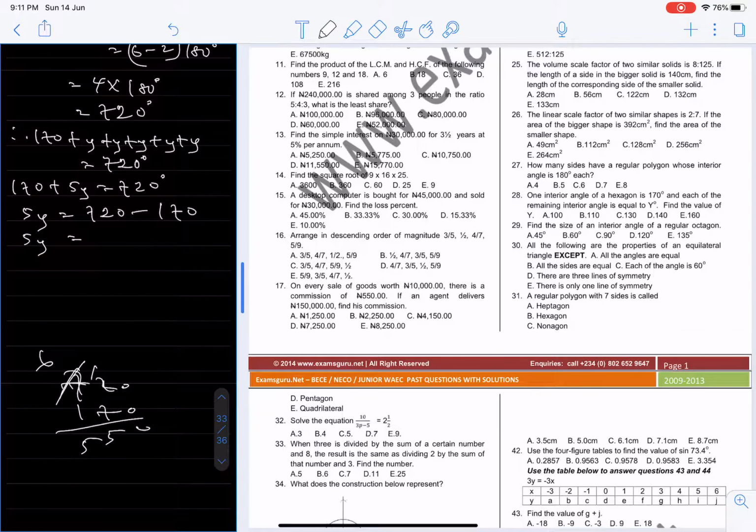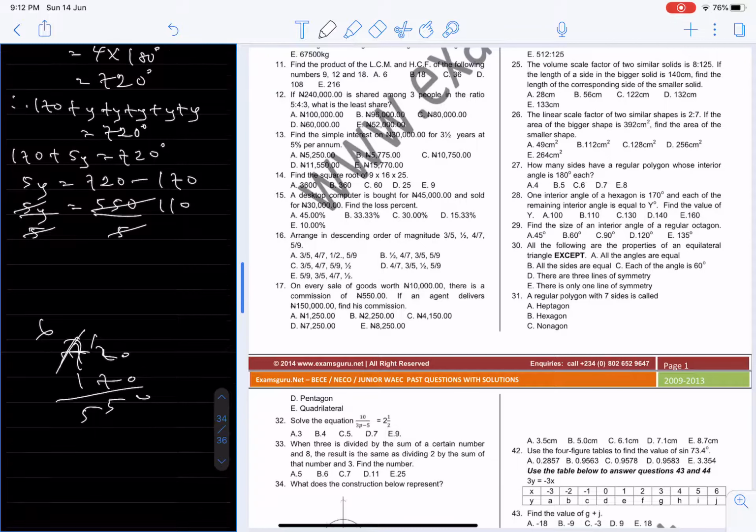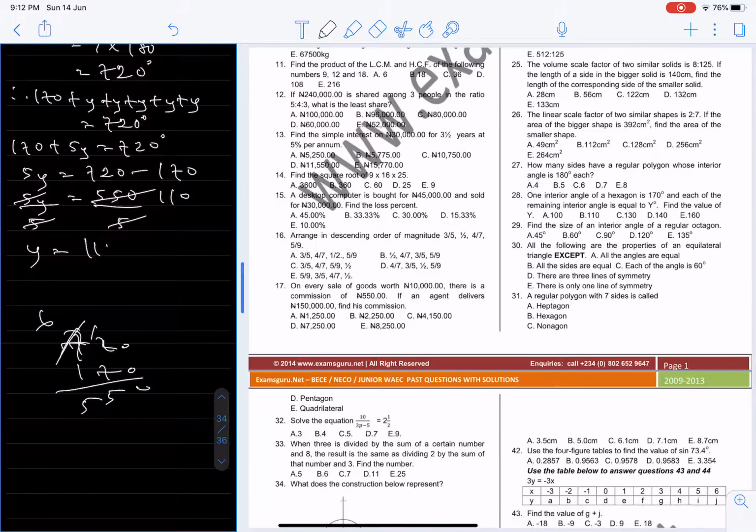Yeah, that's correct. So that means 5y equals 550, and we divide both sides by 5. 5 cancels 5, 5 into 55 is 11, 5 into 50 is 10. So y equals 110 degrees. And the correct option is, that's number 28, the correct option is B.